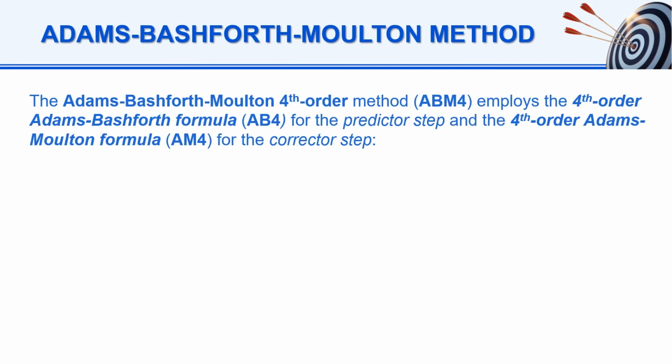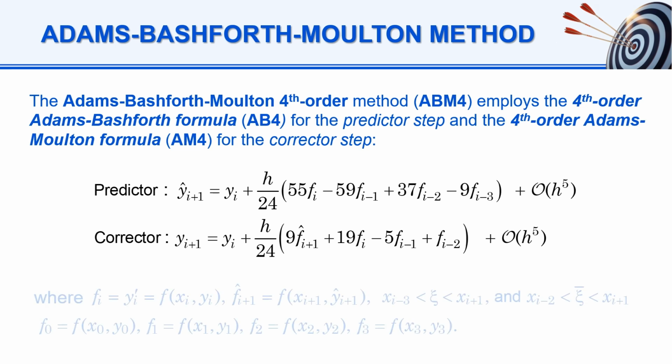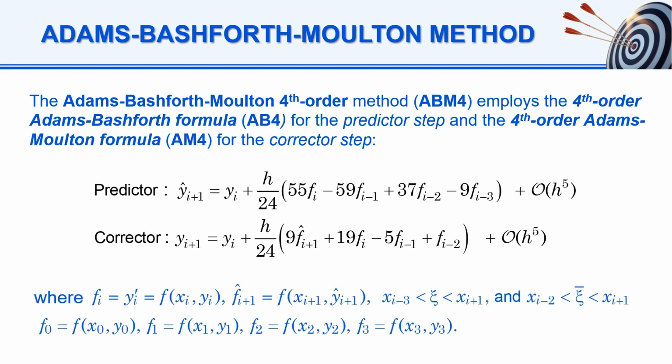The Adams-Bashforth-Moulton fourth-order method, ABM4, employs the fourth-order Adams-Bashforth formula, AB4, for the predictor step and the fourth-order Adams-Moulton formula, AM4, for the corrector step. In this method, both the predictor and corrector steps use foreslopes to calculate an average slope. In the corrector step, the slope f_{i+1} is also replaced with f̂_{i+1}, making this step explicit.